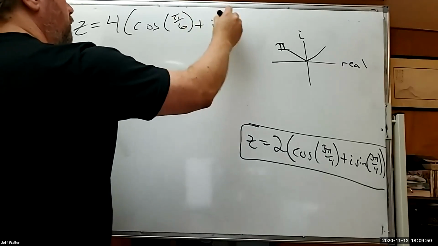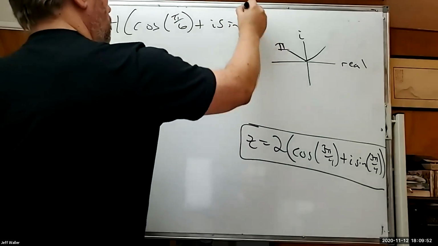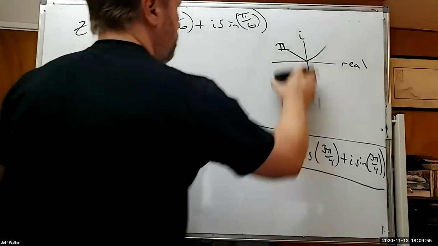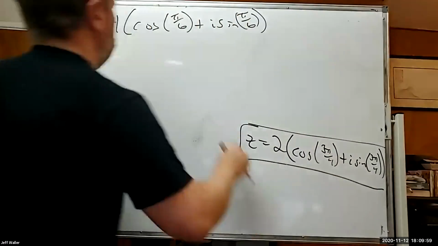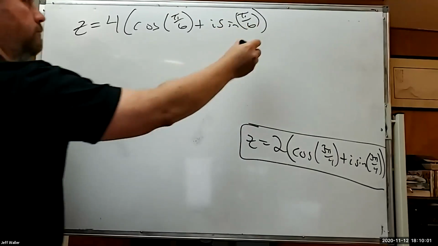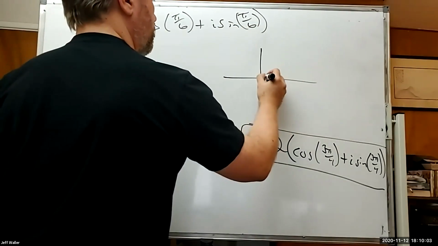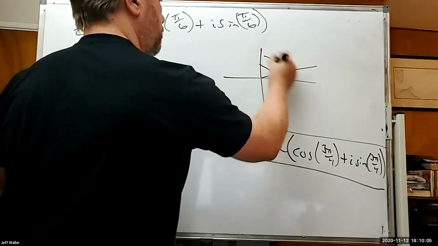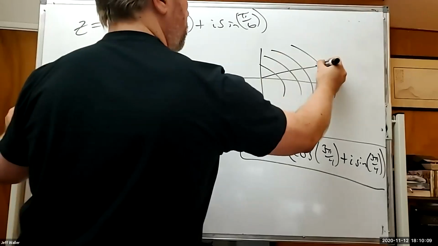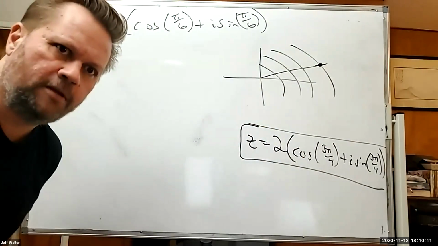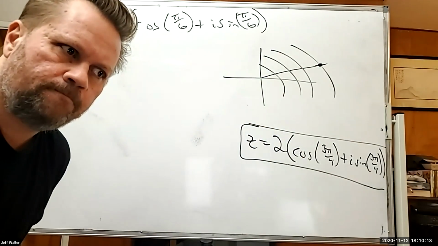So if I gave you this here, right? And I said, graph that, you would get polar paper, right? Your polar graph, you go to pi over 6 and you go out 1, 2, 3, 4, right? And you would be done. Do you see what I'm saying? Oh, okay, makes sense. Thank you.